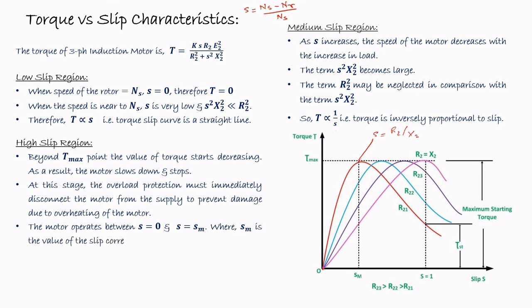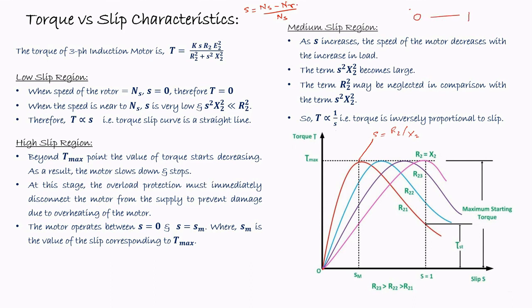The motor operates between S equal to 0 and S equal to Sm, where Sm is the value of the slip corresponding to the maximum torque. As we already discussed, the range of the slip is 0 to 1.